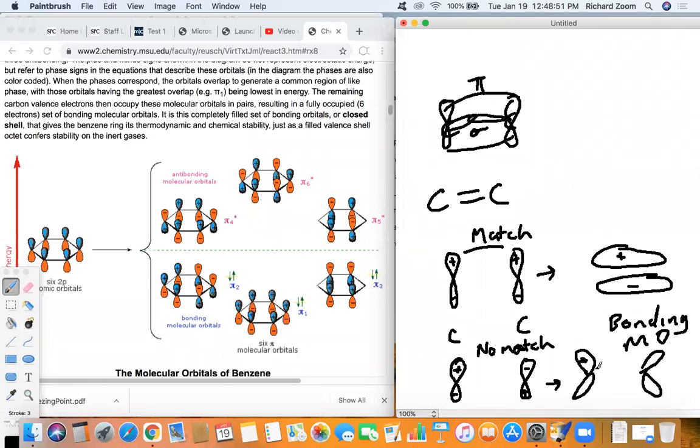And you can see that what we get from this is what I'm calling anti-bonding. So this is an anti-bonding molecular orbital.